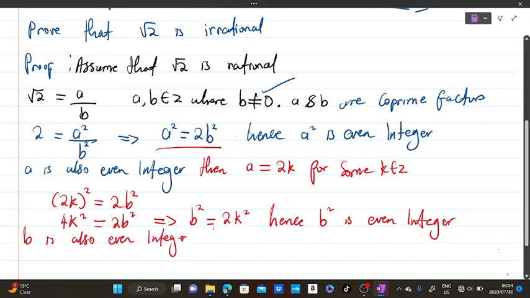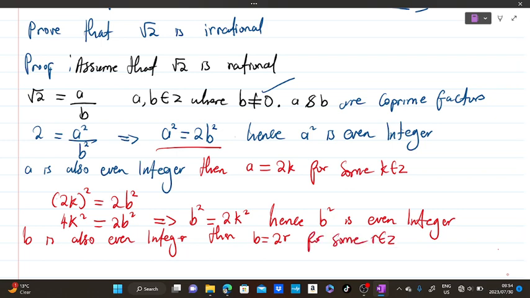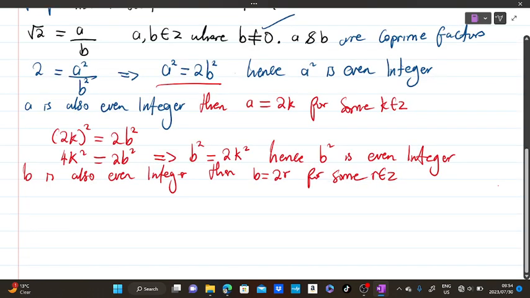And then it means that b can be equal to 2 multiplied by r, for some r, an element of all the integers, where r is an integer. So now we have seen that a is an even integer, and b is also an even integer. So this means that our assumption was false. How do we know that our assumption was false?